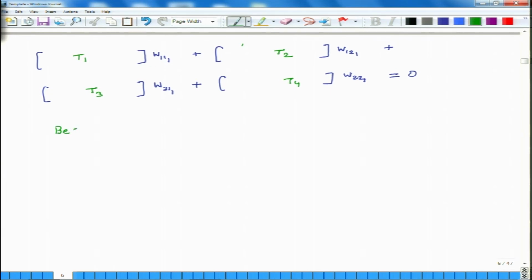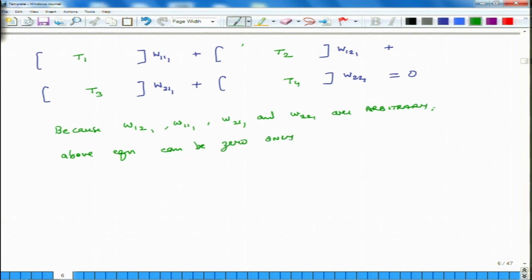So, we state that because these are virtual displacements, and are arbitrary, the above equation can be 0 only if T1 equals 0, T2 equals 0, T3 equals 0 and T4 equals 0.